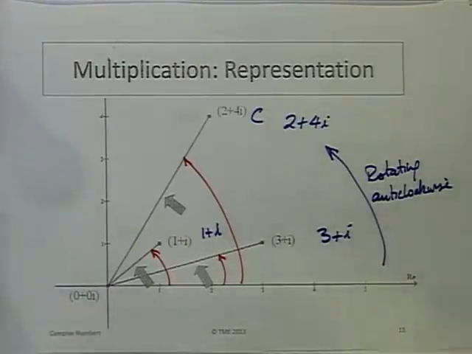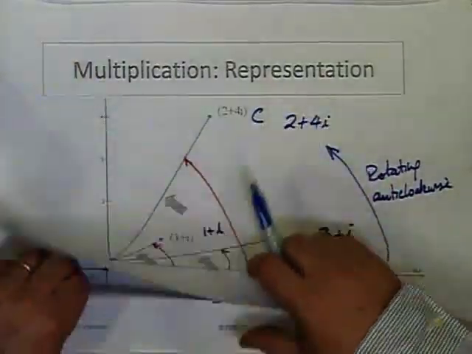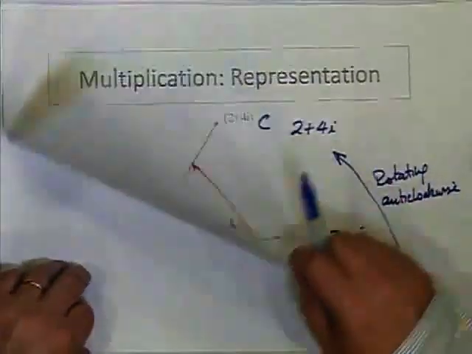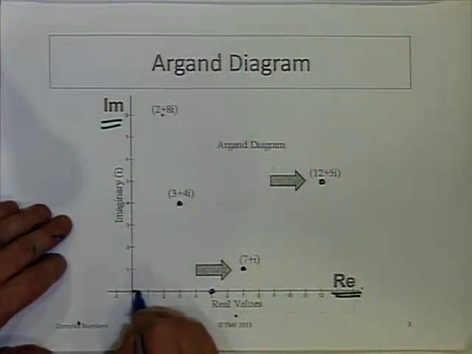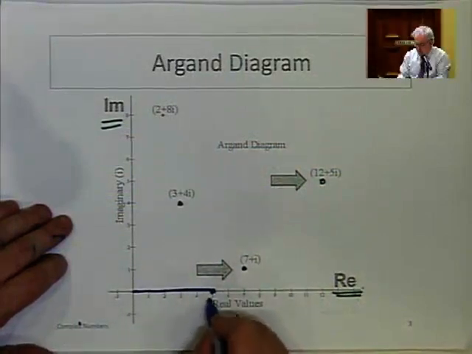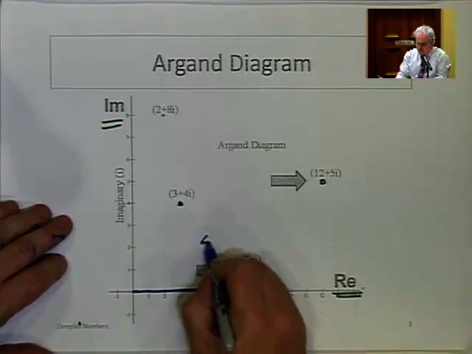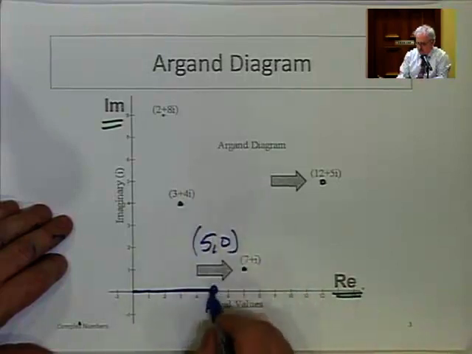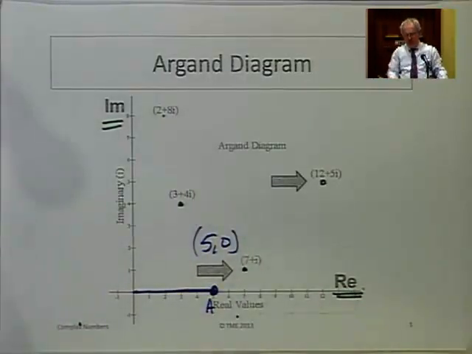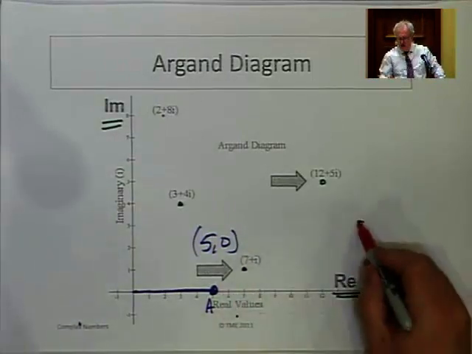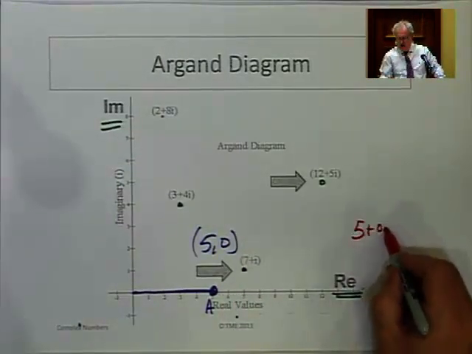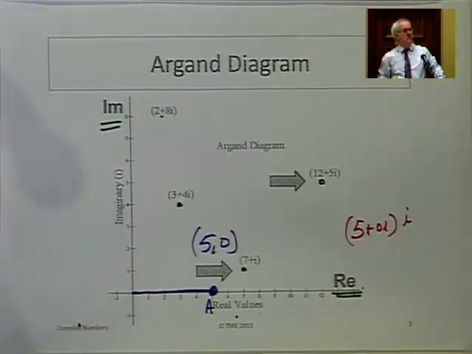In fact, one useful way of looking at this, if you think about it for a second, we might go back to the Argand diagram if I haven't written on it too much. Yeah, this isn't bad. Let's imagine if I had the number 5 here. And that's just the point A. The point A is 5, nothing. What would happen if I multiplied 5 plus naught i by i?